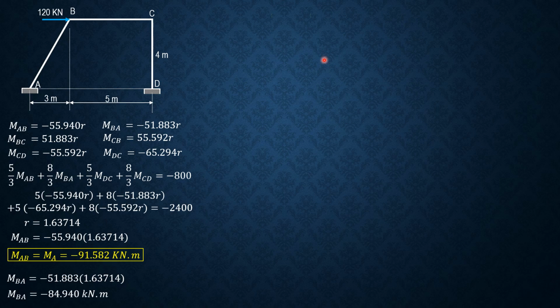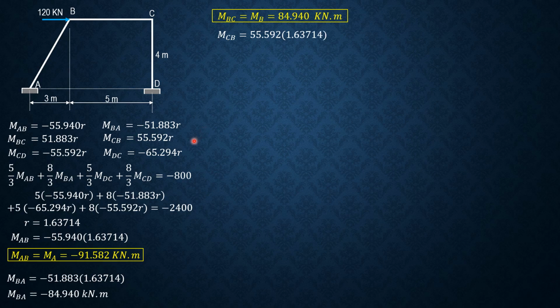Therefore, MB, which is MBC, is 84.940 positive. MCB is 55.592 R. So MCB is 91.012 kilonewton meter. So that means MC, which is MCD, is negative 91.012.